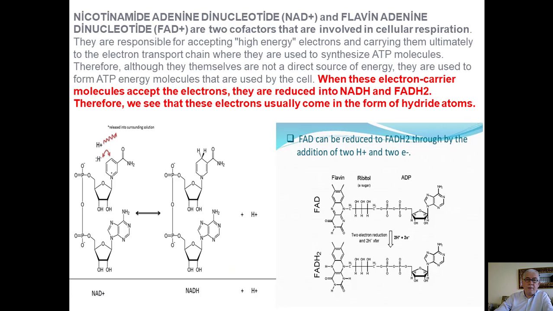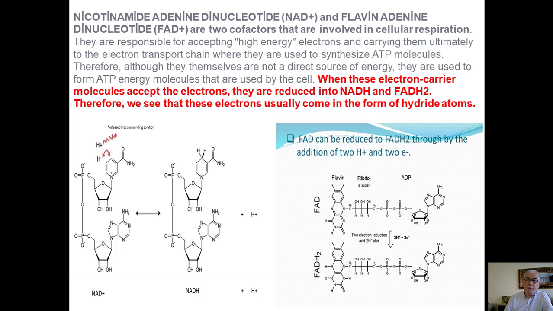And NAD and FAD are 2 cofactors that are involved in cellular respiration. They are responsible for accepting high energy electrons and carrying them ultimately to the electron transport chain, where they are used to synthesize ATP molecules. These electron carrier molecules accept electrons from the Krebs cycle, glucose metabolism, or beta oxidation of lipids, and they are reduced into NADH and FADH2.